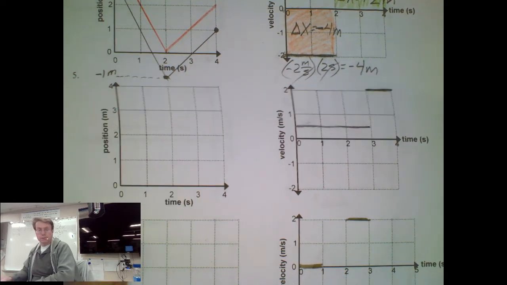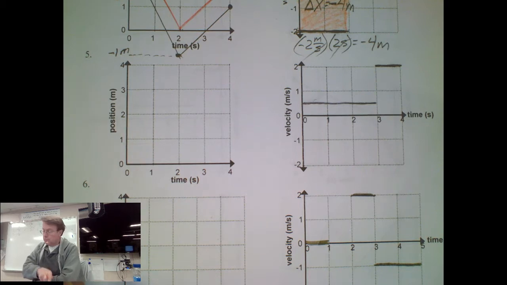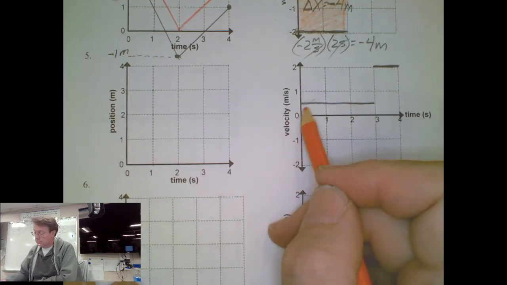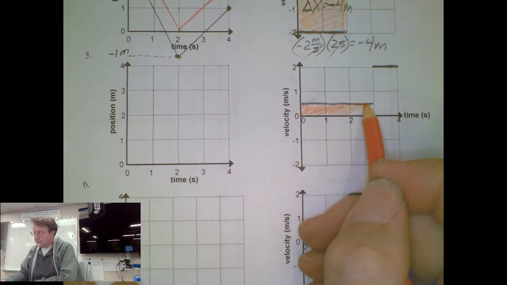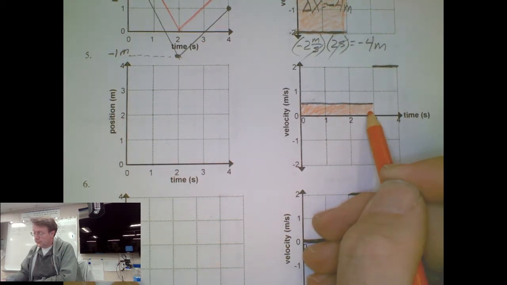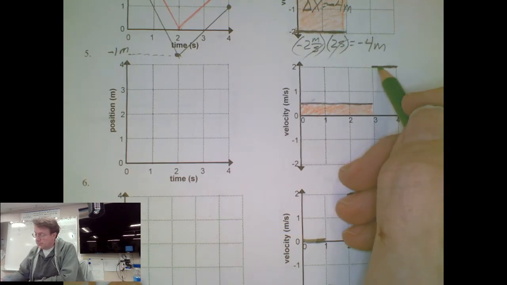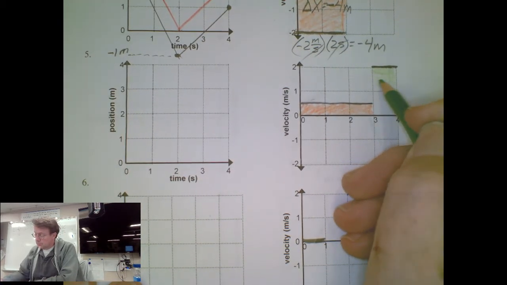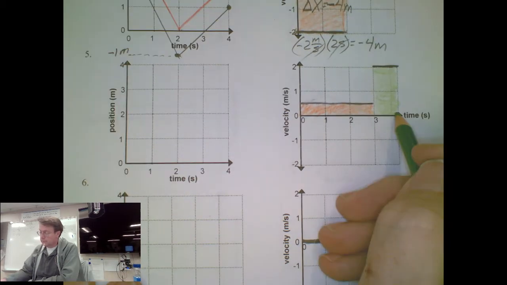All right, let's do the next one. So we have 2 different motions here. We have this motion traveling for 3 seconds at 0.5 meters per second. And then we have this motion where we travel at 2 meters per second for 1 second.